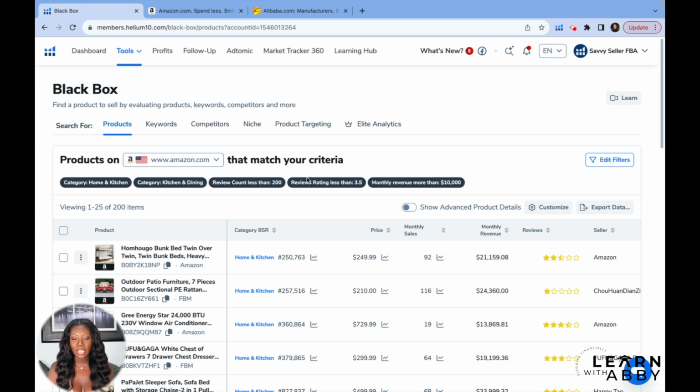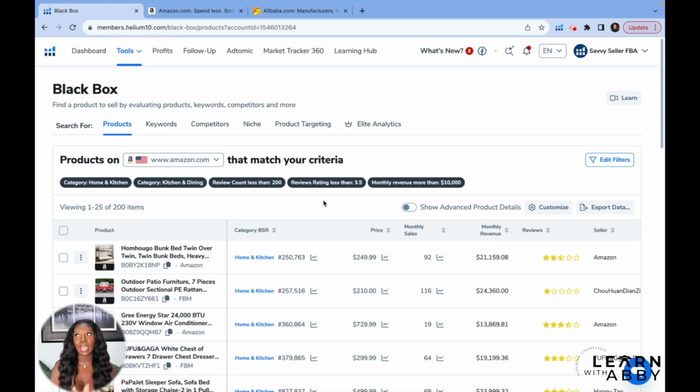And then next we have reviews being less than 3.5. So remember how we were looking at that range that was talking about improvement, how much improvement can the product use? We said we want something with a lot of improvement. And so it's showing us products where the rating is 3.5 or less stars, right?